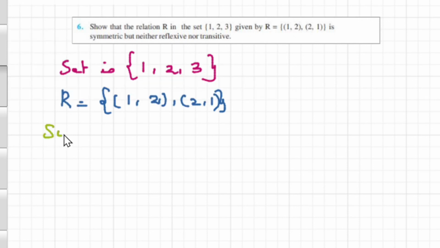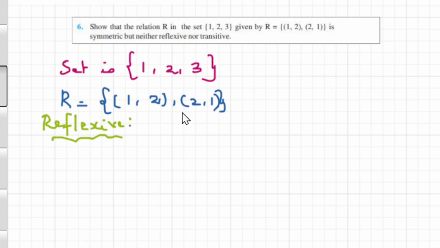First of all, we take reflexive. We know that for reflexive both entries must be the same. Look at this one, 1 comma 2, 2 comma 1. So 1 comma 1, 2 comma 2, 3 comma 3 are not there actually.